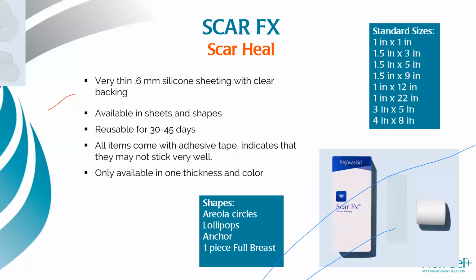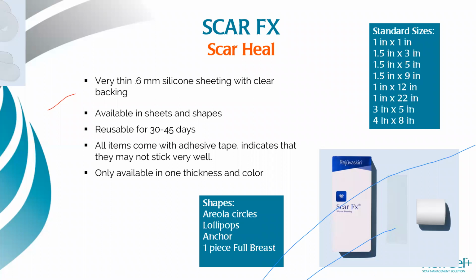So they do have different sheeting and shapes, but I'll show you on the next page where their breast sheet is. It's just one piece. So again, that would be more difficult. Where we have the breast kit, which is an areola circle and an anchor, you can trim down if need be the top of the anchor, the part that sticks up vertically.